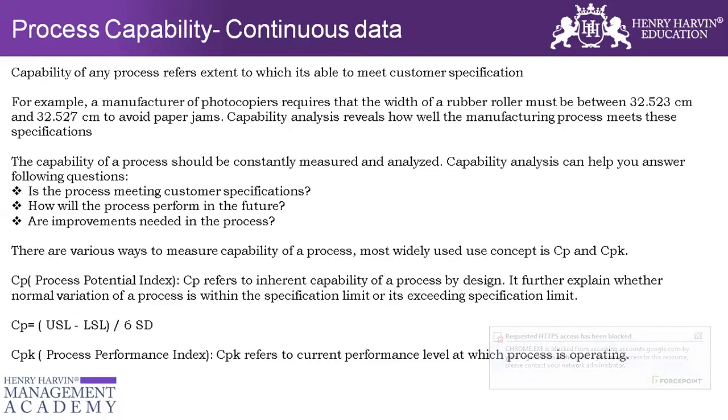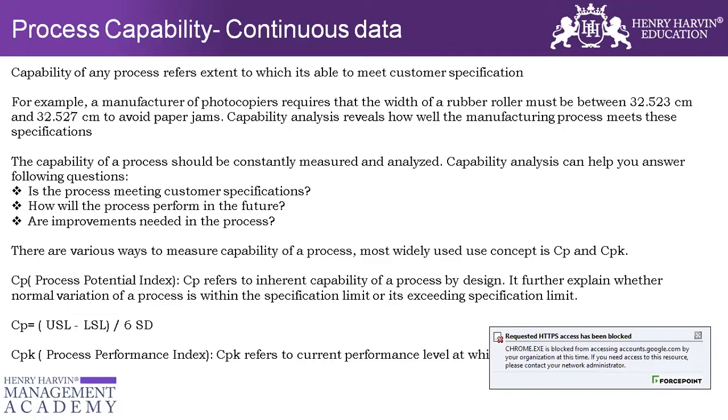So CP tells me the process by design, and CPK tells me the current performance. Likewise, when we calculate the sigma level, it tells me where I'm currently at. CPK in continuous data tells me where my process currently stands. We don't calculate the sigma level here. We only calculate CP and CPK in continuous data.